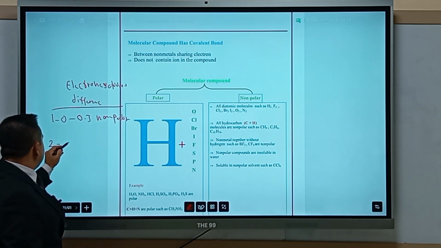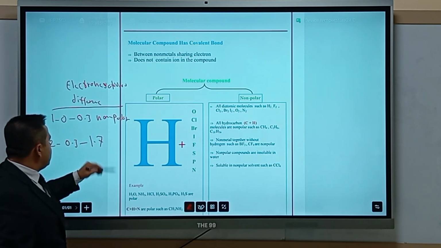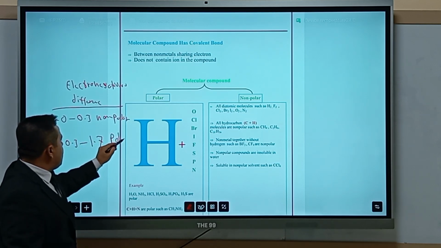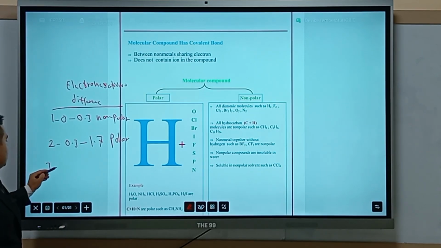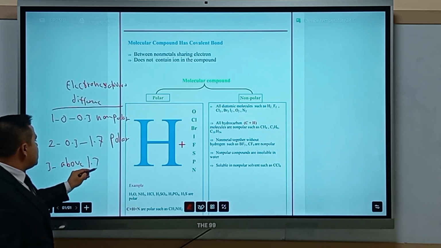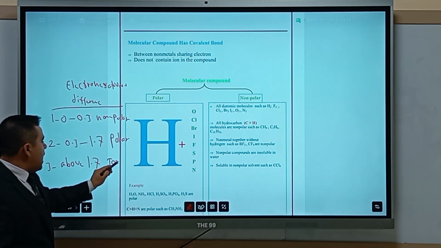But if it's between 0.3 to 1.7, it results in a polar covalent bond. And if it is above 1.7, the electronegativity difference, the bond becomes ionic.